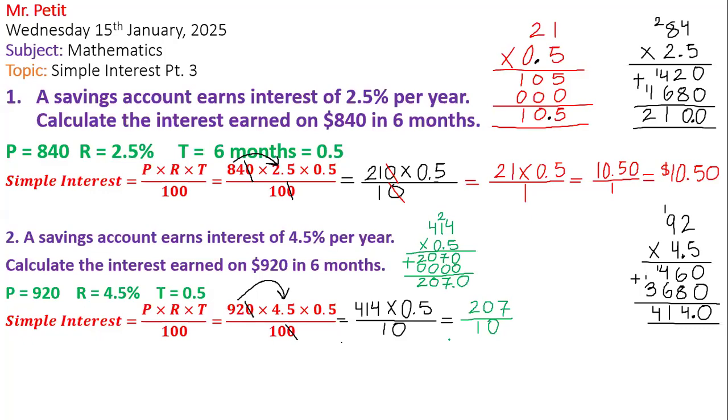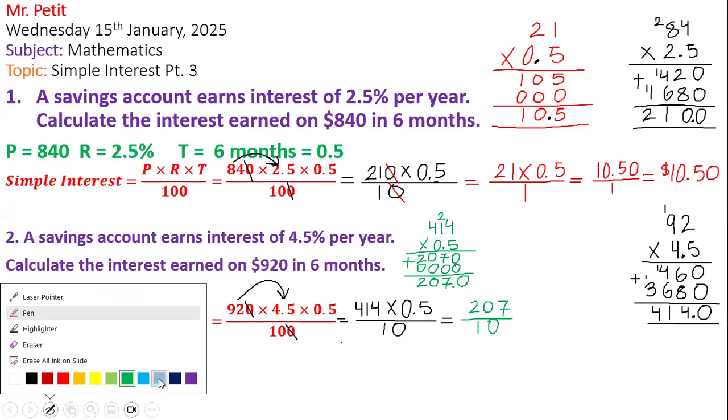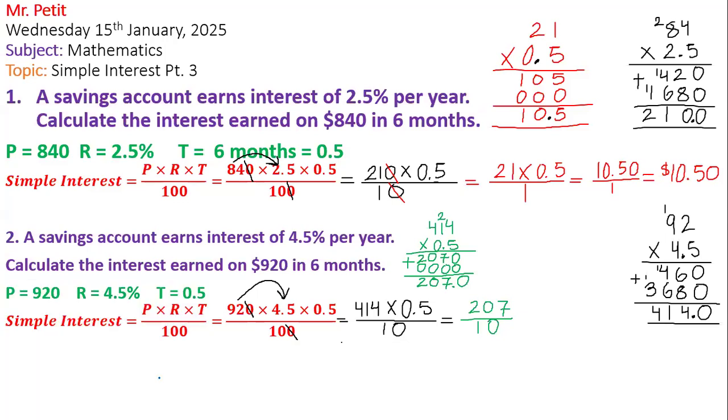What we have to do here is divide 207 by 10. Very good. Oh wait, $20.70, my bad. Can I just cancel out the zeros? No, sir. You can't cancel this 0.